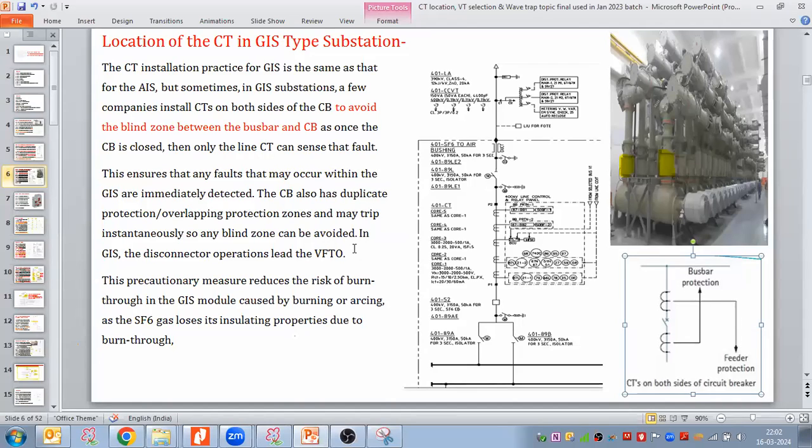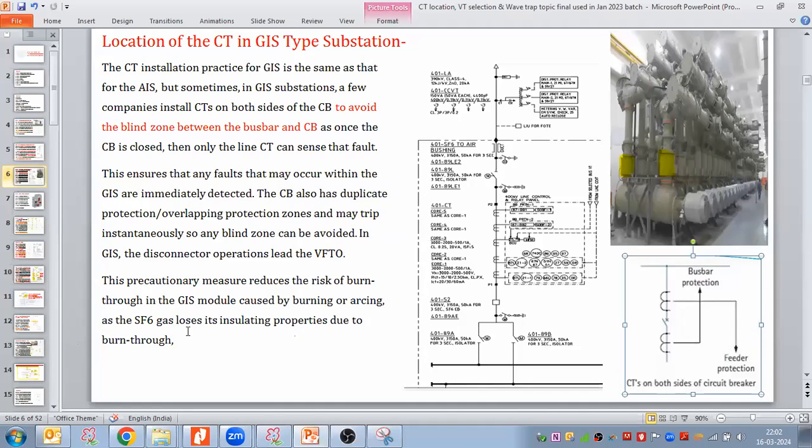In GIS, the disconnector operations lead to VFTO. VFTO stands for very fast transient overvoltage. As a precautionary measure, putting CT on both sides of the breaker or splitting the CT core reduces the risk of burn through in the GIS module. The burn through in the module is caused by burning or arcing, as the SF6 gas loses its insulating property due to burn through.